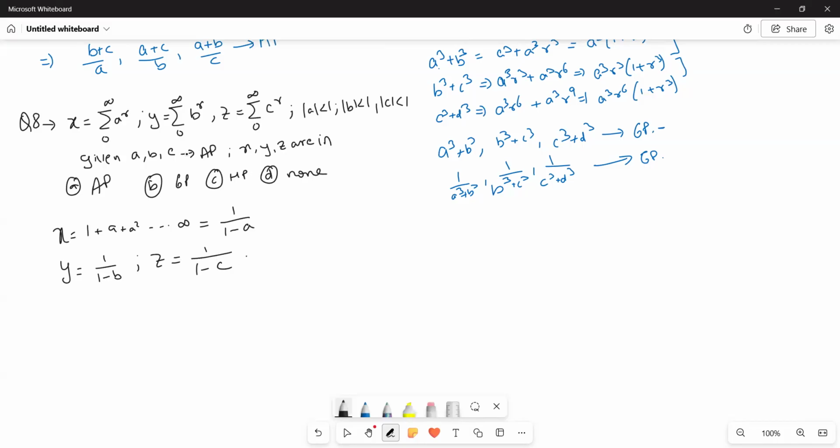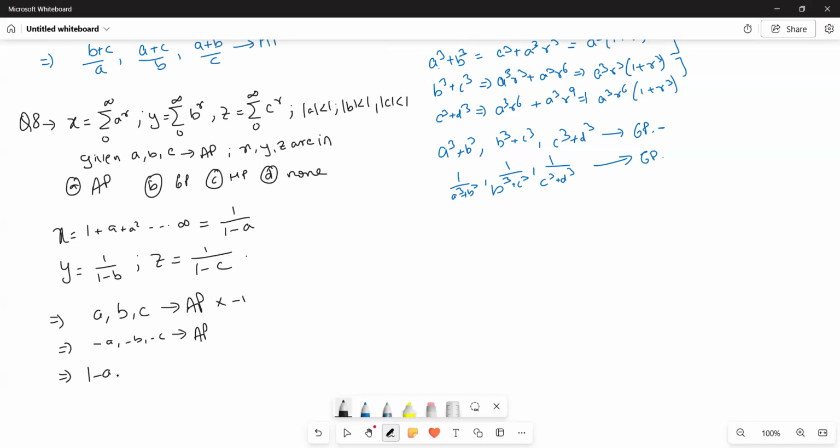Now, given that A, B, C is in AP, what would be the sequence of 1 minus a, 1 minus b, 1 minus c? If A, B, C are in AP, this would imply that minus a, minus b, minus c will also be in AP, multiplying the whole thing with -1.